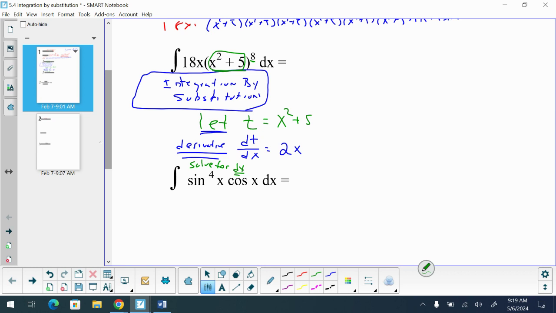And what we want to do is now solve for dx. Well, to solve for dx, I can multiply both sides by dx. So we have dt is equal to 2x dx. And then we can divide by the 2x.